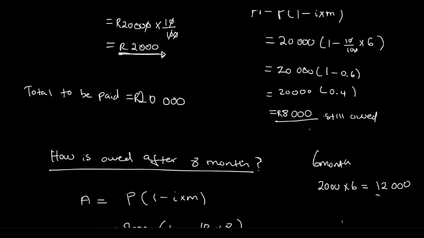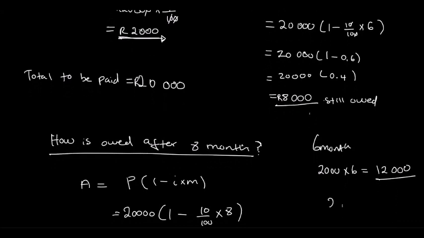And it makes sense that if you have paid 12,000, the amount that should remain to be paid is 20,000 minus 12,000, which gives 8,000. So you see why we say that formula gives you the amount that you still owe.